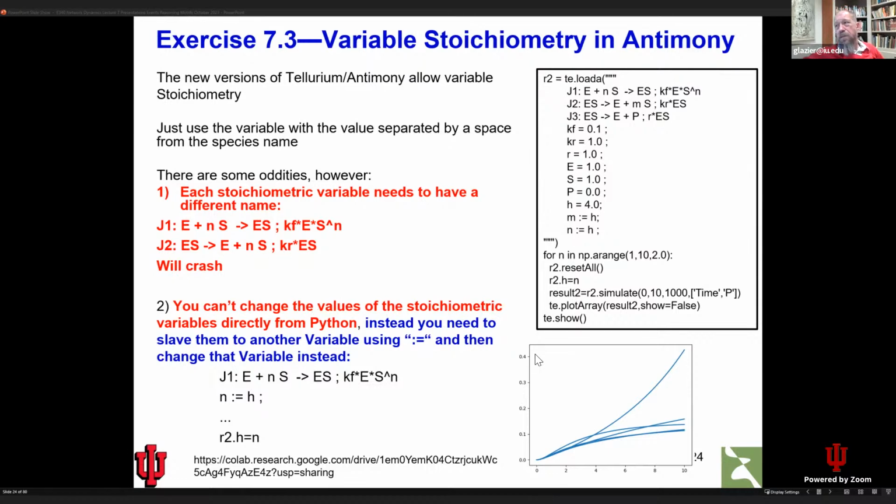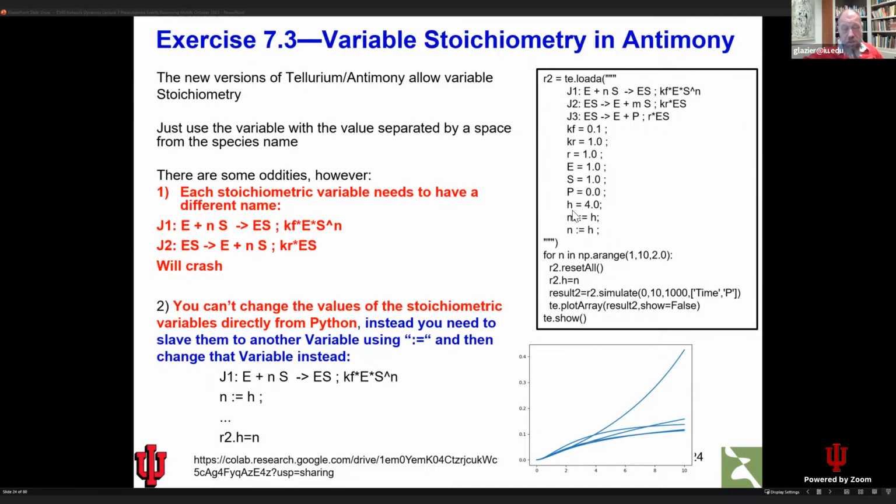The other thing that's a little bit strange is that I cannot say R2.N equals something. I cannot change the stoichiometry from the Python directly, which is a bit inconvenient. However, I can use a function which we haven't talked about yet, but is not so complicated, and we'll come back to this later in the class.